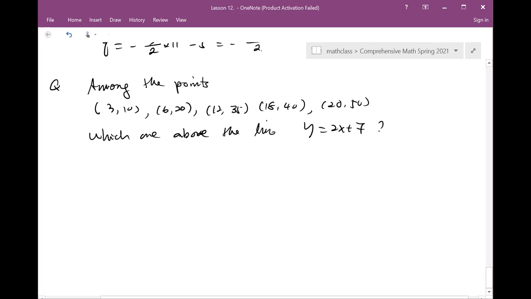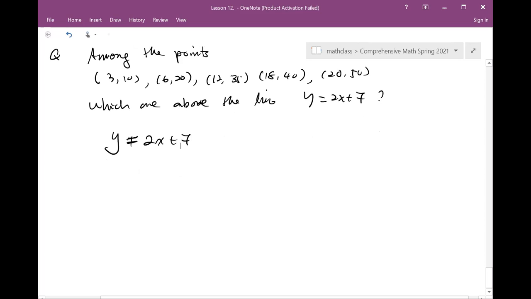Now let's understand the equation first. So y equals 2x plus 7. This can be written in the form y minus 2x equals 7. Okay. So this is a quantity, okay, that never changes. Okay, what happens if I look at this in general?